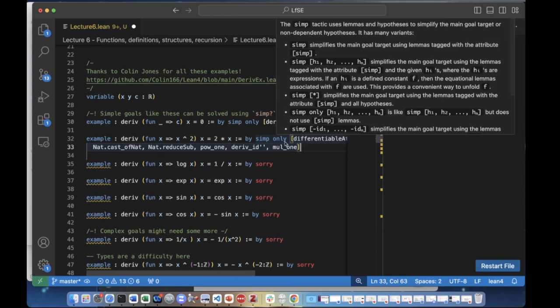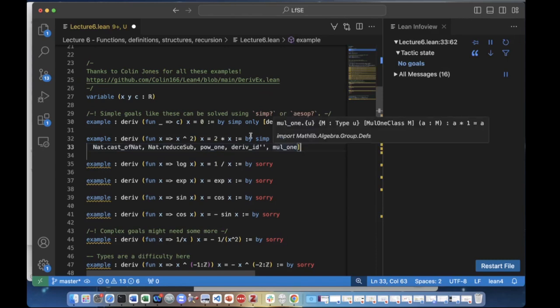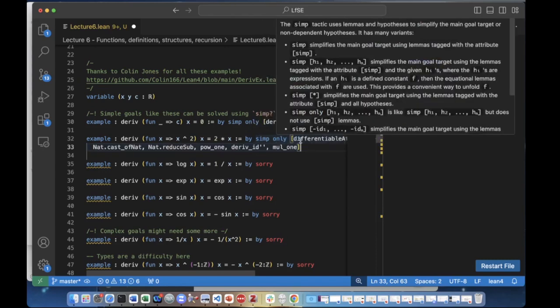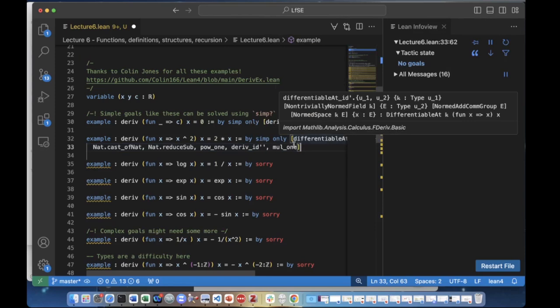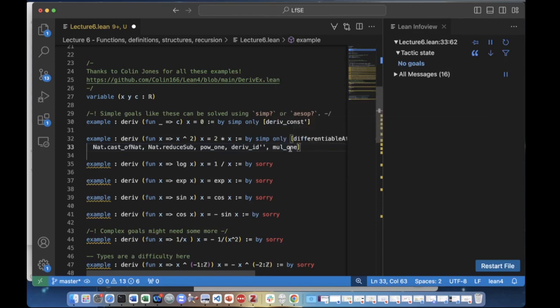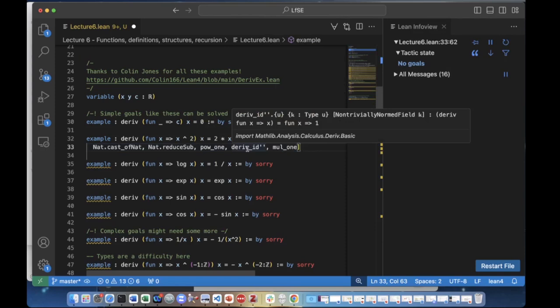Simp only says, forget all of the default lemmas that are attached to simp and only attach the lemmas that I'm following here. And so there's 6 lemmas that are attached here, and they mean things like a times 1 is equal to a, a to the power of 1 is equal to a. The derivative of a function x is equal to, well, let's see, how do I state this?